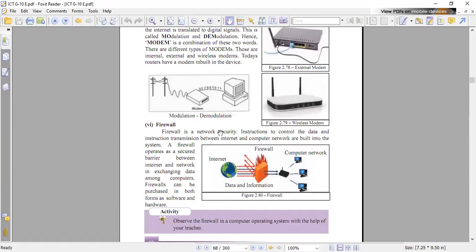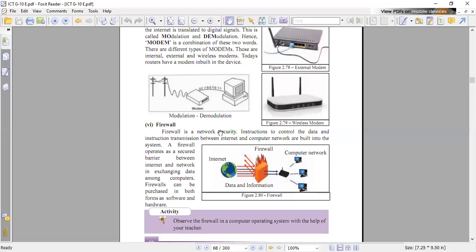Write down next one, firewall. Under that, write down, firewall is used to prevent unauthorized access to the network.